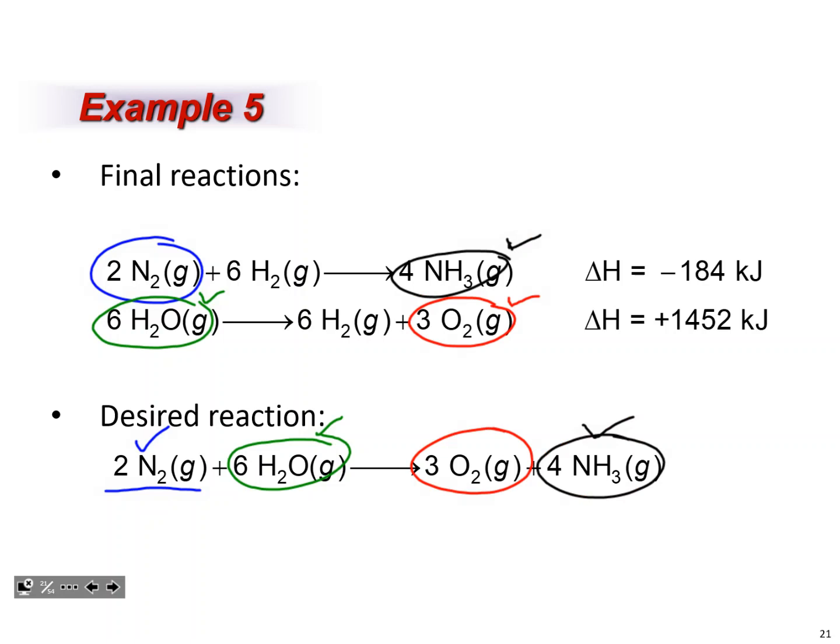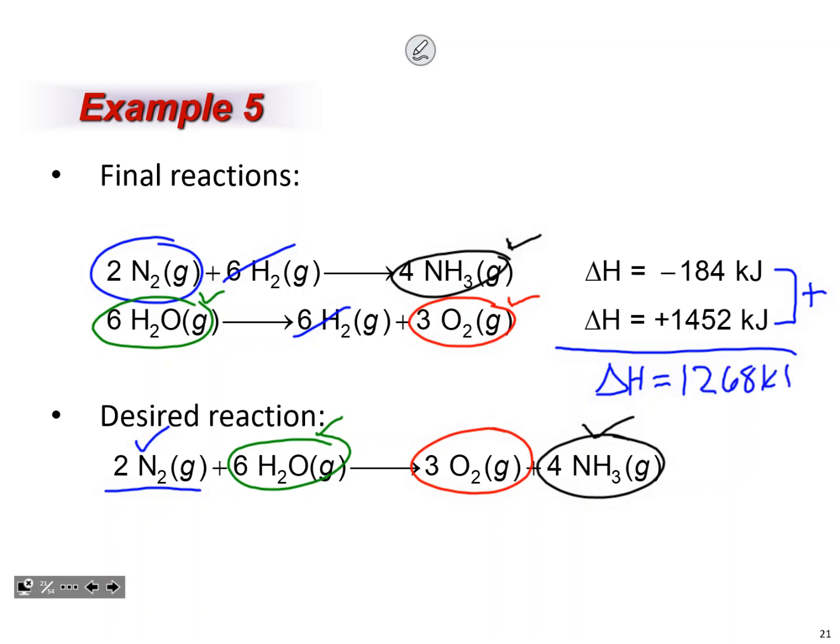Now, as you can see, you have 6H2 in the reactants in one, 6H2 in the products in the other. So that means these guys cancel out, and they're gone. And then all we have to do is take these and add them together, right? So this ends up being delta H is going to be 1268 kilojoules. Very good. Like so.